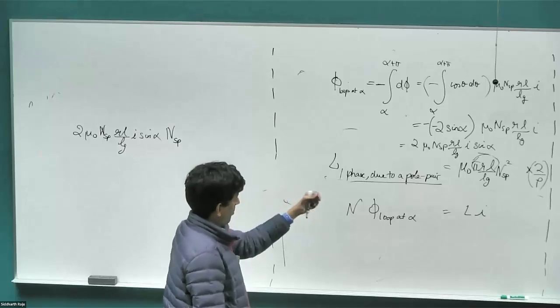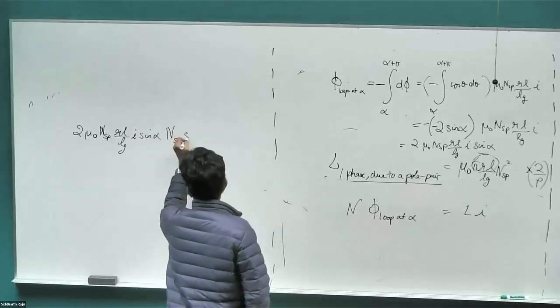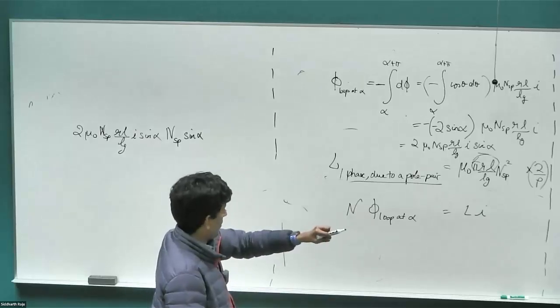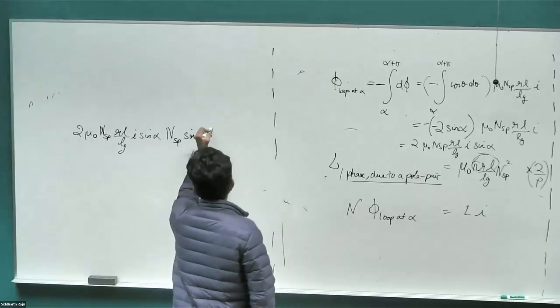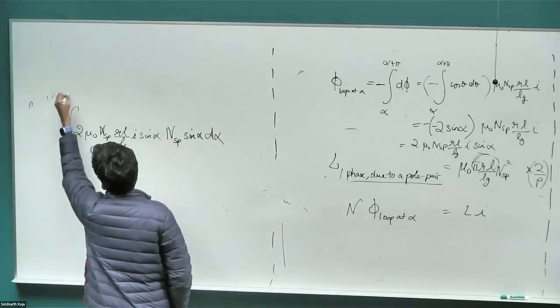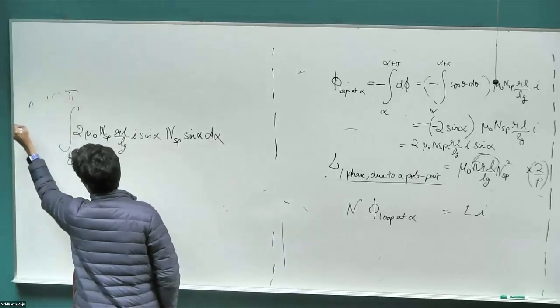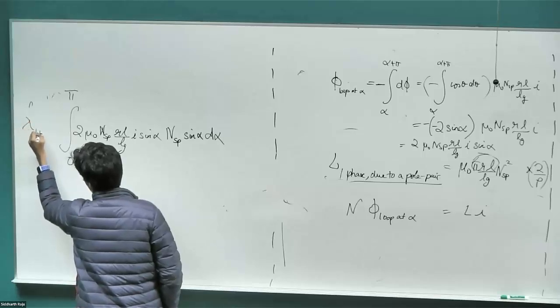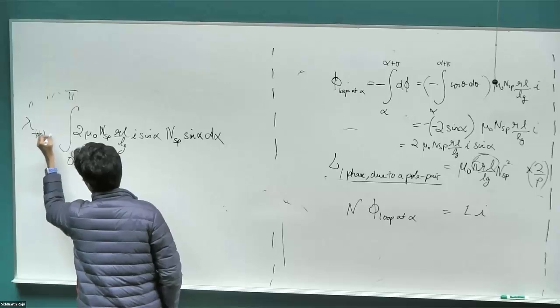We are only considering a 2-pole motor, so Ns divided by 2 is Nsp. Sine of alpha times R d alpha. So integrate this all the way from 0 to pi. That is going to give you your total flux linking A phase.